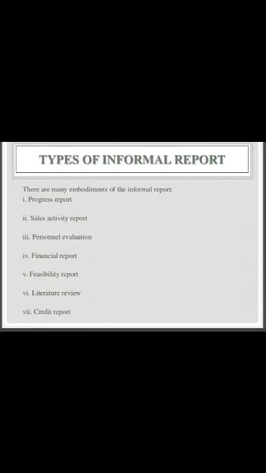The types of informal reports are progress report and sales activity report. As you know, the sales activity report is given by the sales manager monthly. Next one is personnel evaluation.